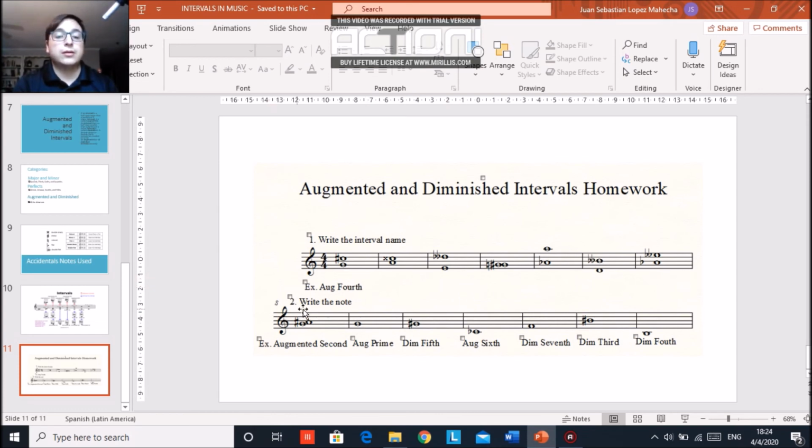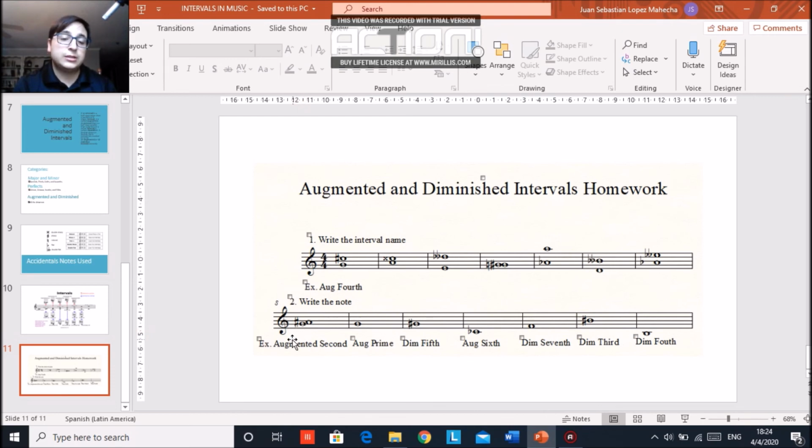Okay, the second homework is going to be write the note. So first we'll have the example, and let's build an augmented second. The first note is going to be a G. Pay very close attention to the accidentals. That G is a G natural.